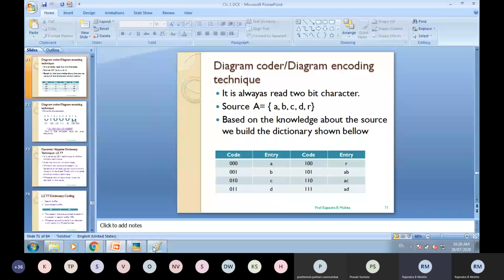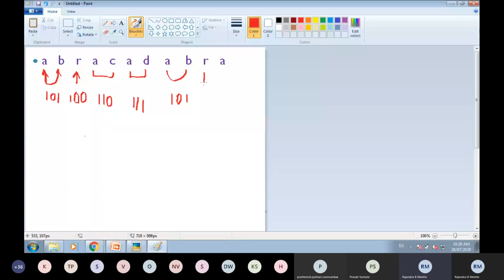So in this case, you can represent a separate code word for R and a separate code word for A, because both entries are in the given dictionary. So for R, I am representing here 100, and for A, I am representing here 000.